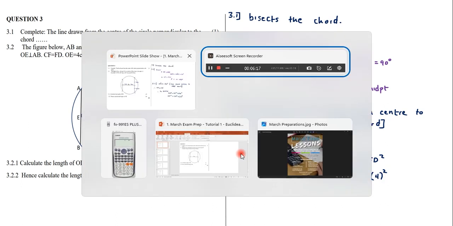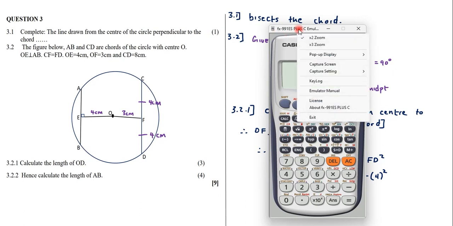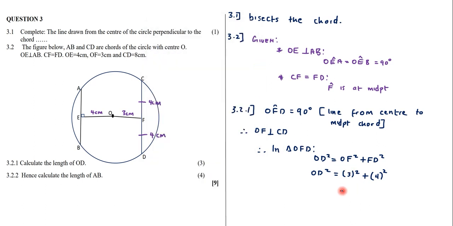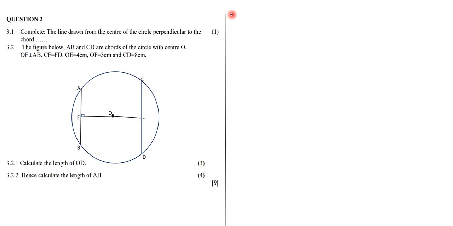So now press this on your calculator: 3 squared plus 4 squared gives us 25. So here we'll have 25 as OD squared, and then we put the square root both sides, and OD is going to be 5 centimeters, and that is how we find the value for OD.